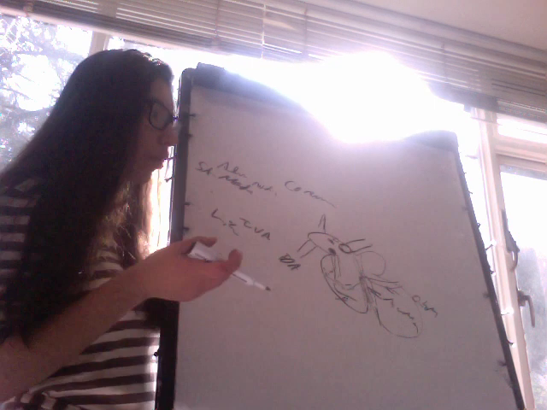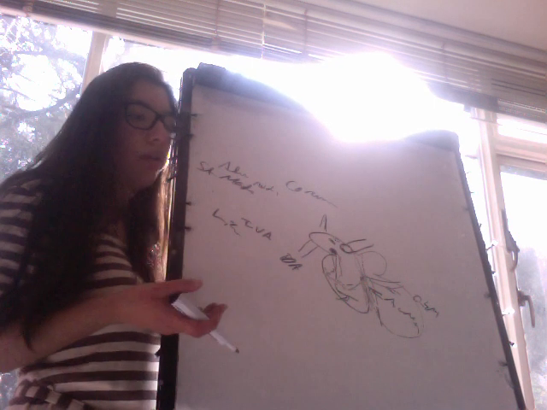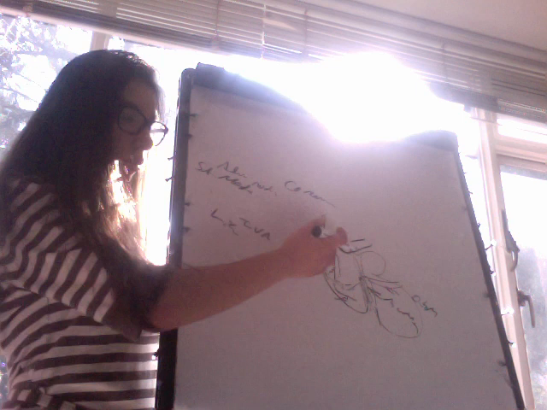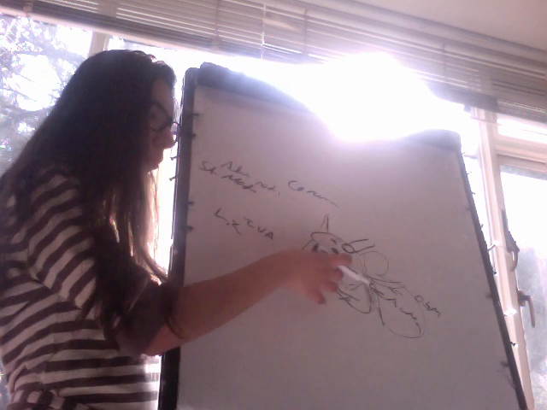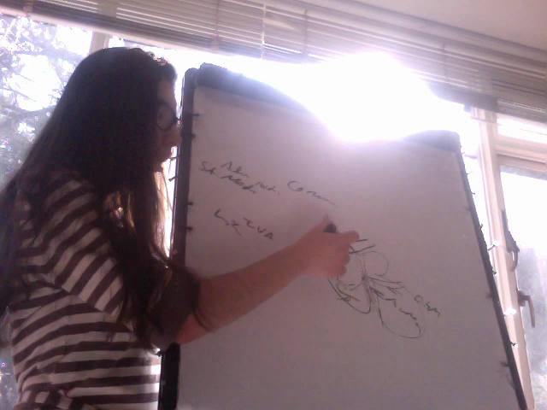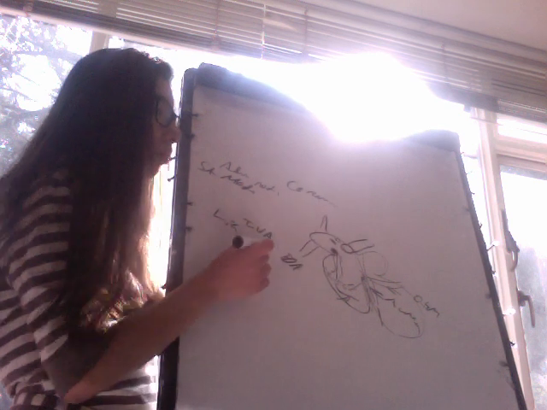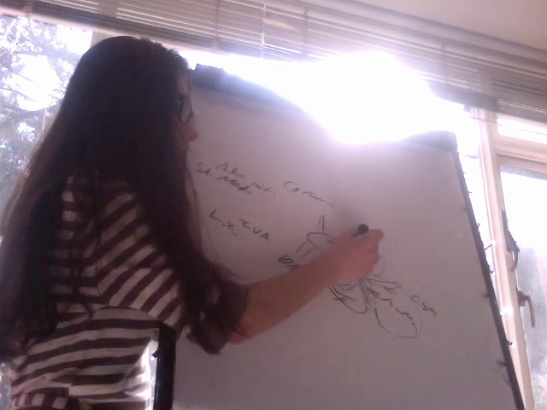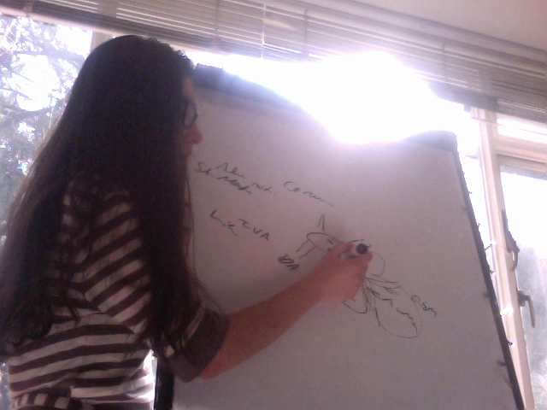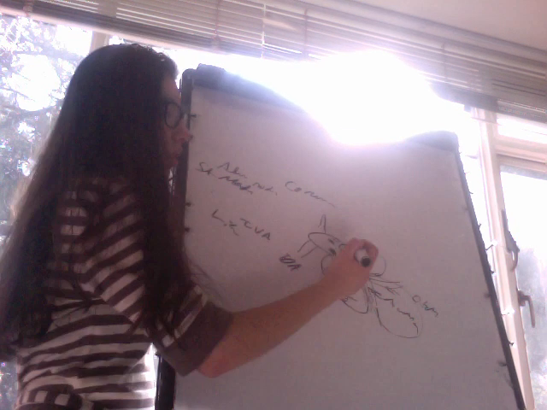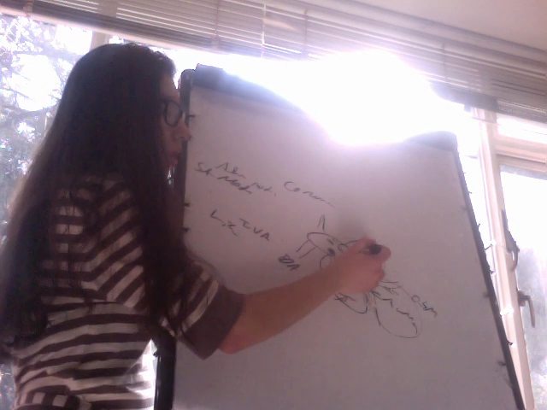This is the major venous drainage of the veins of the heart. They arise here at the coronary sinus. Along this vein, we have the circumflex. So if we look posteriorly, the circumflex is passing closely to here.